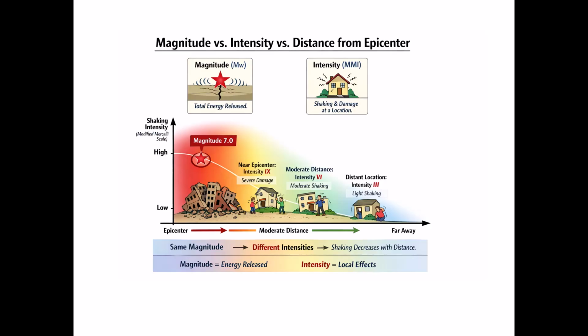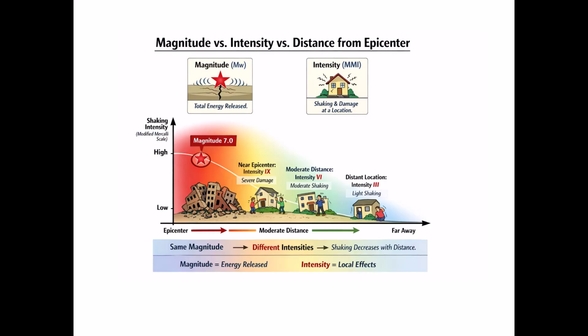So a bit further away, for this magnitude 7, we may have a modified Mercalli intensity of 9 with severe, and then a bit further away, maybe down to 6, and even still further away, then intensity of 3.